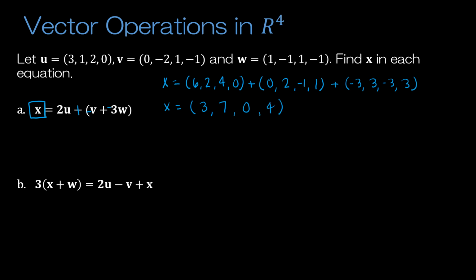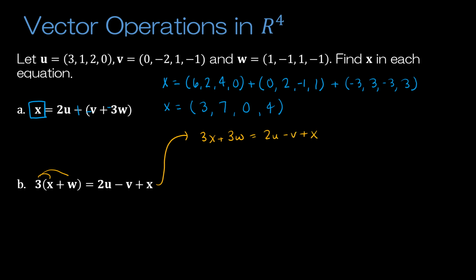3704. Now for the second one, because I have more than one instance of x, I would do some algebra first. So instead of just starting to plug in u and v and w, I would solve this like a normal equation, trying to get x by itself. So this gives me 3x plus 3w by distributing that 3 is equal to 2u minus v plus x.